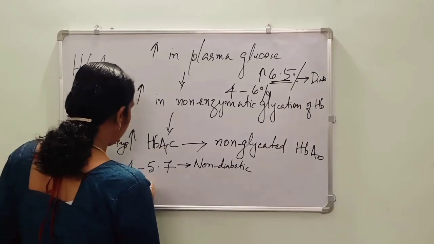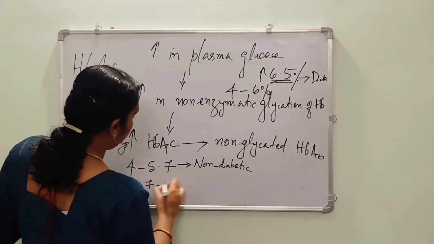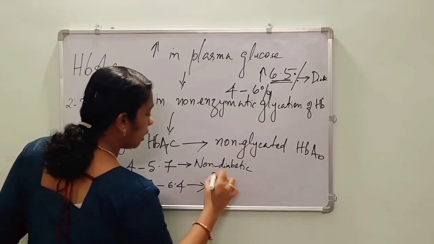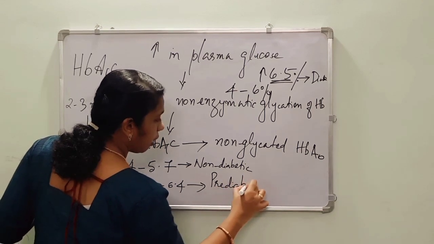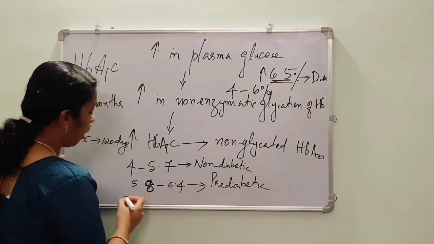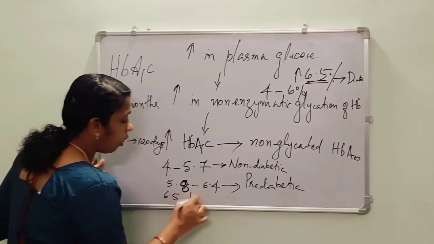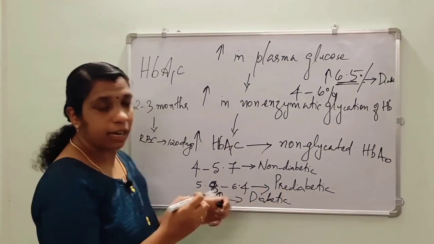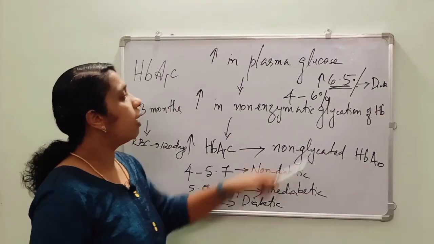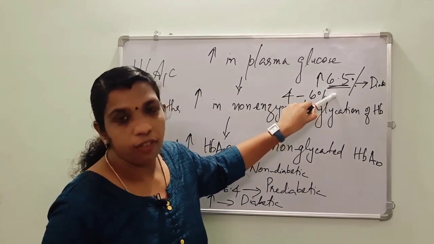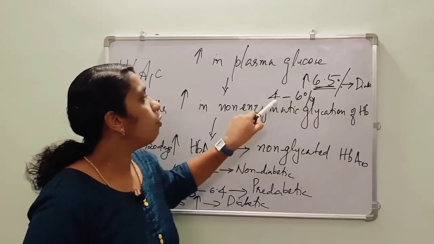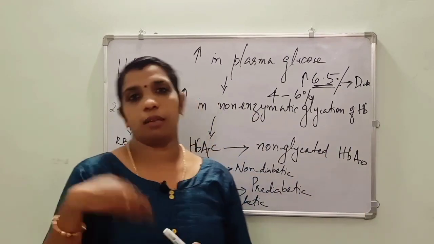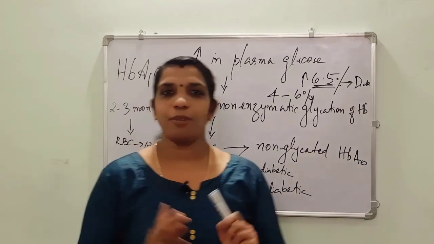If the HbA1c is between 5.8 and 6.4, the patient is pre-diabetic, and if the HbA1c is 6.5 or above, the patient is diabetic. You understand? So we can conclude that if the HbA1c is above 6.5, the patient is diabetic; if it is between 4 and 6, non-diabetic; and between 6 and 6.5, pre-diabetic. So this is about HbA1c.